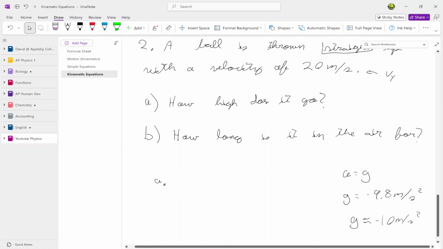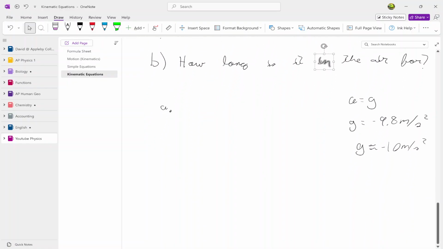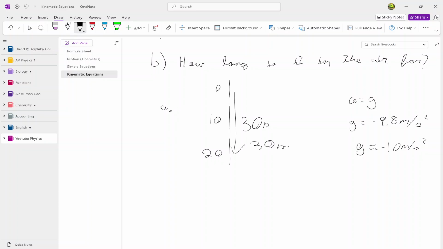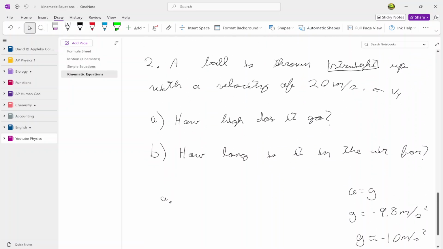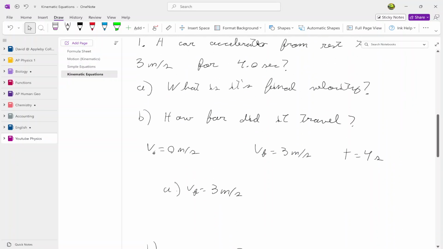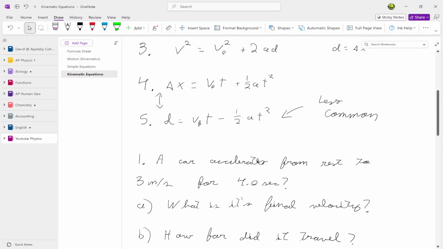So it's going to go 20, then 10, and then 0. So it travels 20 in one second, then 10 in another second, and then here is 0. So it travels a total of 30 up, and then a total of 30 down. You could do that visually, but obviously we want to do it with the equation.